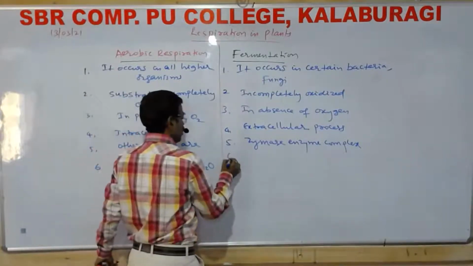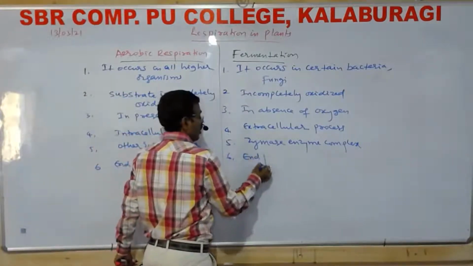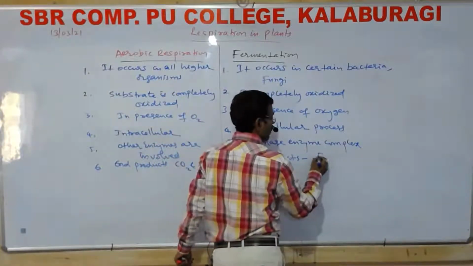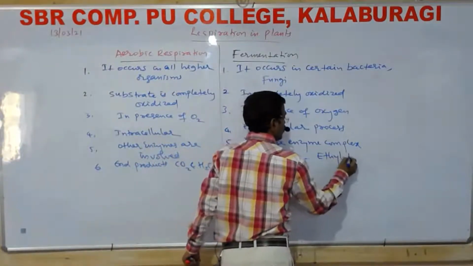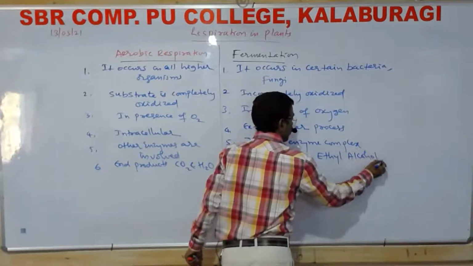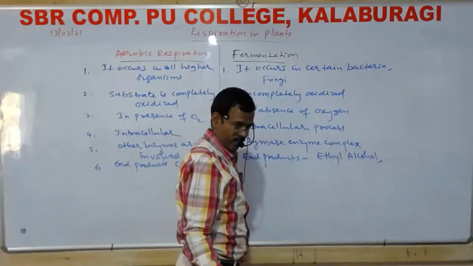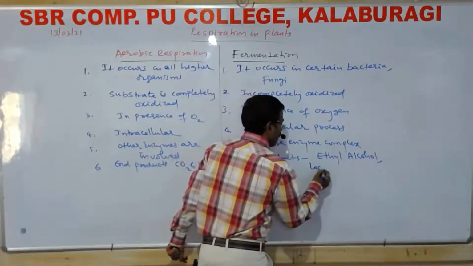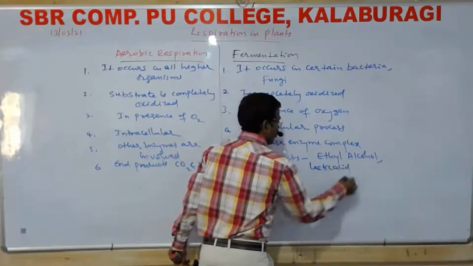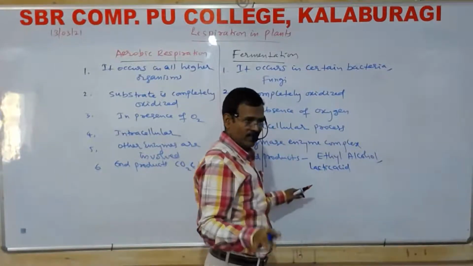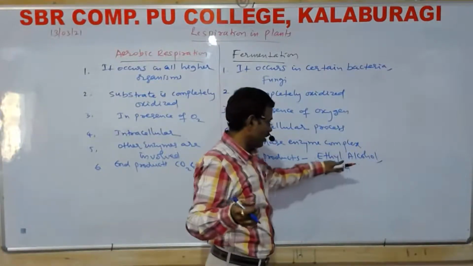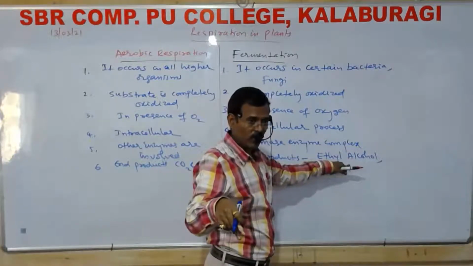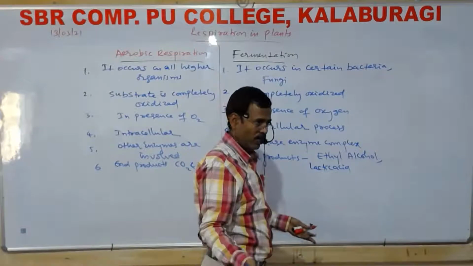Here, the end product is usually ethyl alcohol, if it is alcoholic fermentation. If it is a lactic acid fermentation, what will be produced? Lactic acid. In lactic acid fermentation, there is no liberation of carbon dioxide. In alcoholic fermentation, ethyl alcohol with liberation of carbon dioxide.